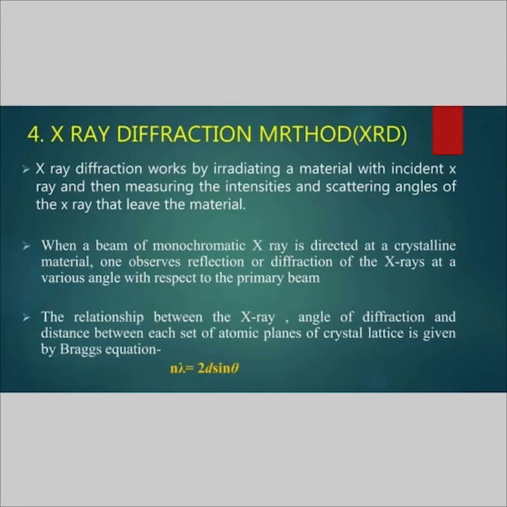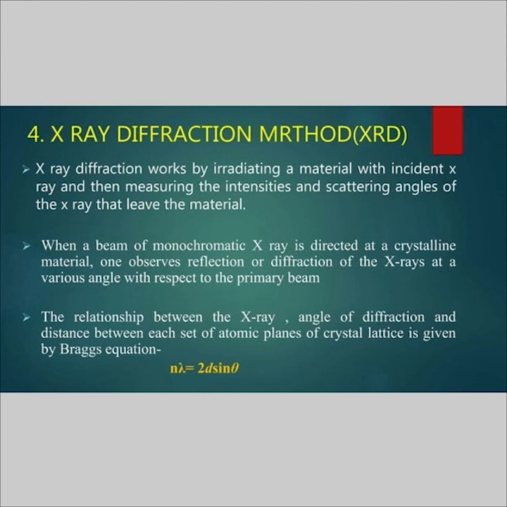The fourth one is the X-ray diffraction method. X-ray diffraction works by irradiating material with incident X-rays and then measuring the intensities and scattering angles of the X-rays that leave the material. When a beam of monochromatic X-ray is directed at a crystalline material, one observes the reflection or diffraction of the X-ray at various angles with respect to the primary beam.